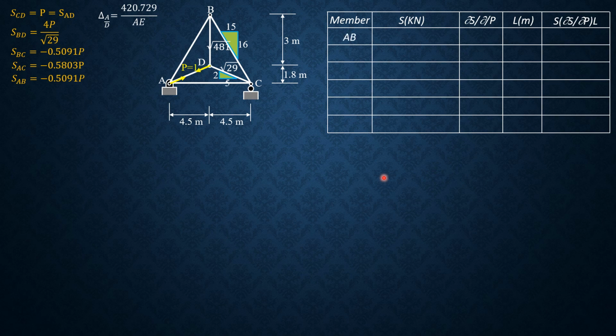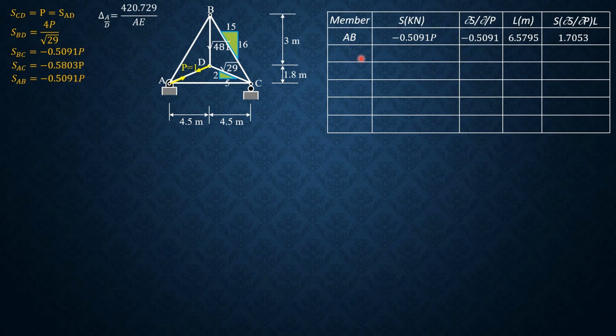So beginning with AB, negative 0.5091P, then partial derivative negative 0.5091, the length of AB 6.5795, then the product in terms of P is 1.7053, and P is 1, so that's why we get 1.7053.